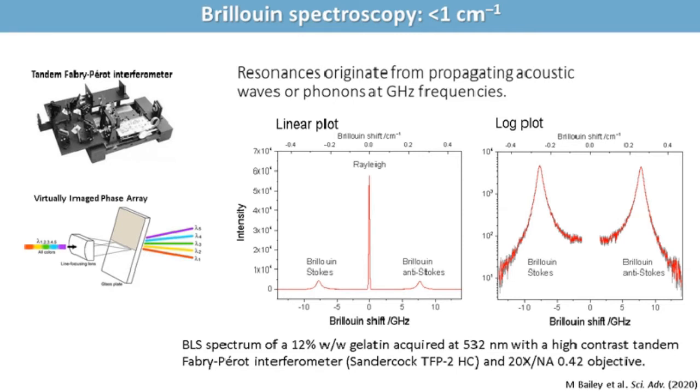In recent times, we're also looking at non-scanning single-etalon VIPA spectrometers that provide a faster approach to measuring these spectra from a hydrogel system. You can see, in linear and in logarithmic scale, how these peaks look in Brillouin.